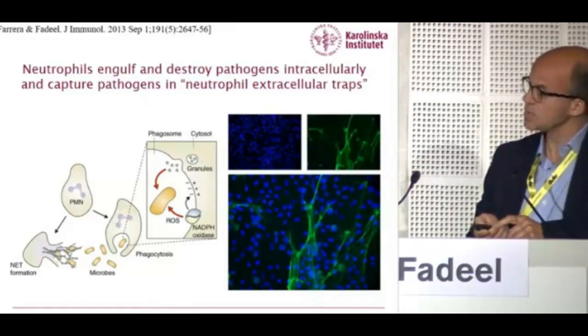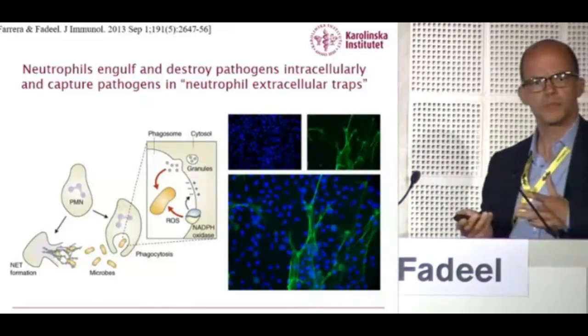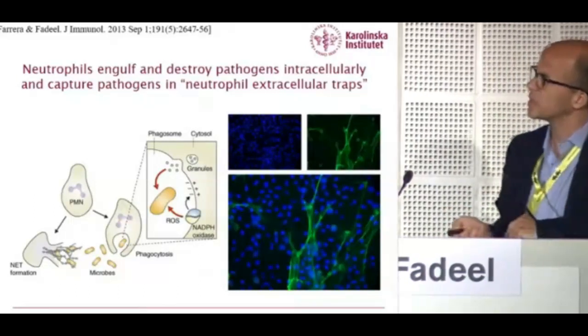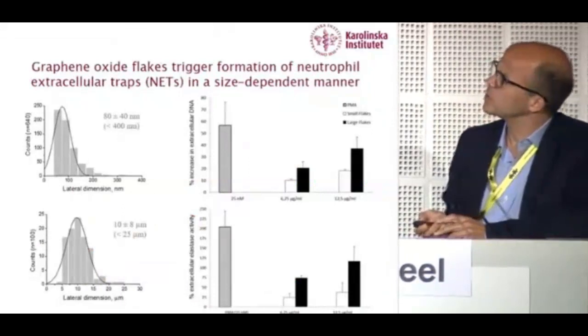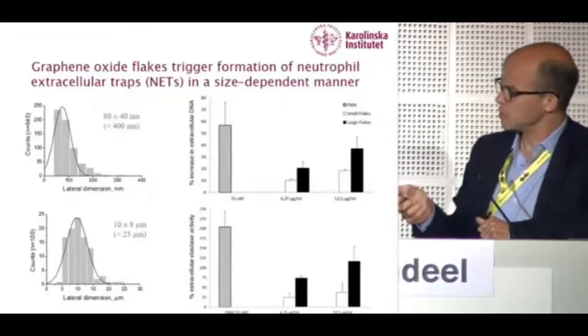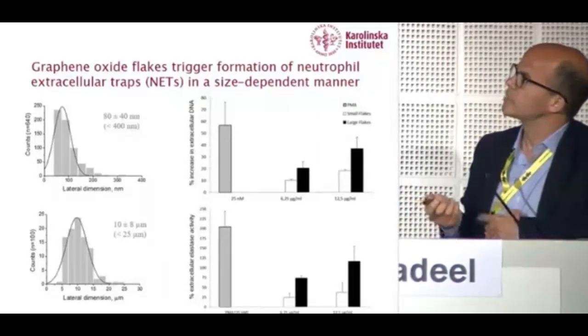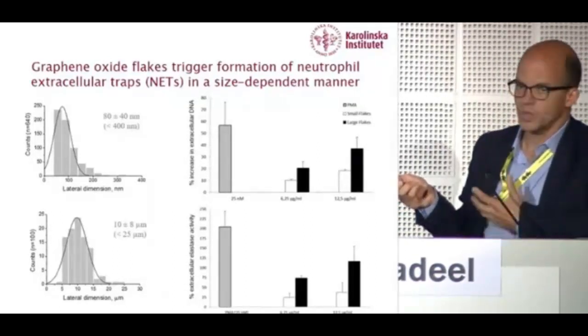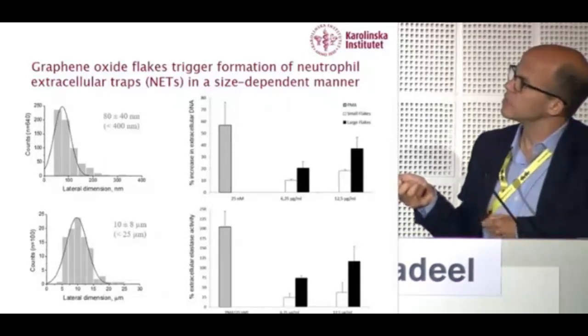So we asked the question whether graphene oxide is sensed, in a manner of speaking, by neutrophils as microbes. In fact, what we have found is that graphene oxide triggers neutrophil extracellular traps in a size-dependent manner. We use two different assays to quantify NETs, either by measuring extracellular DNA or extracellular elastase activity.